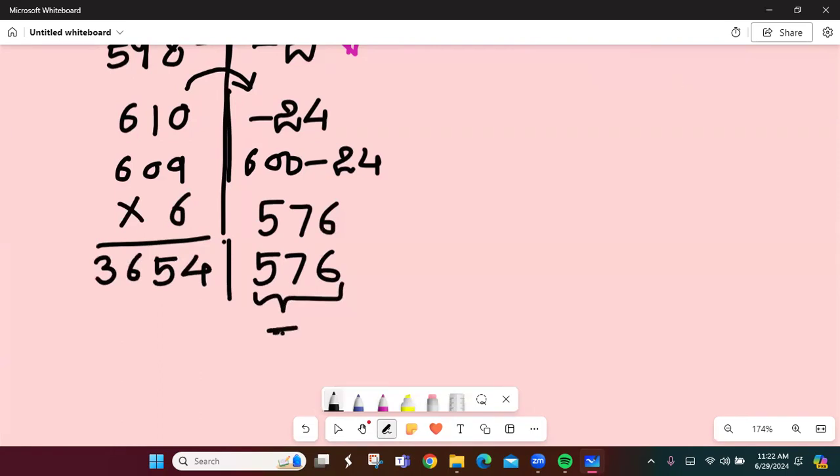So I will keep 76 here and carry forward 5. That will give me 3, 6, 5, 9 here.